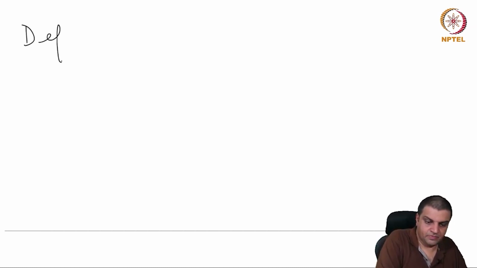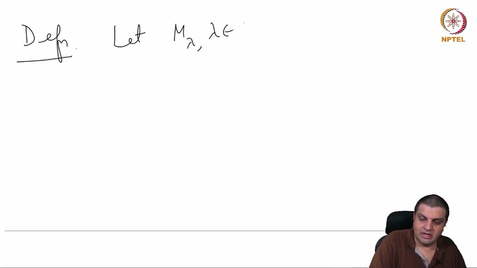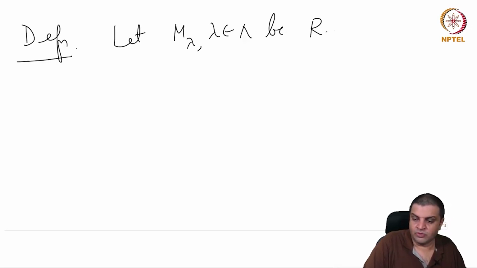Definition. Let M_lambda, lambda in Lambda, be R modules.